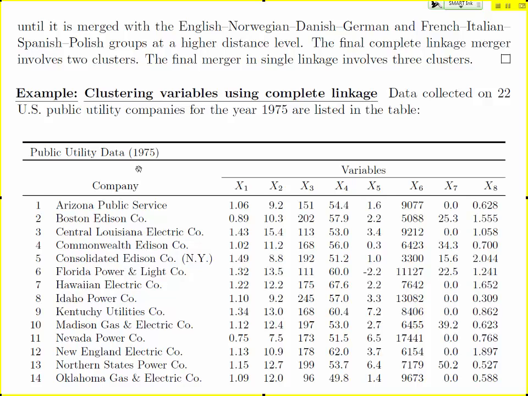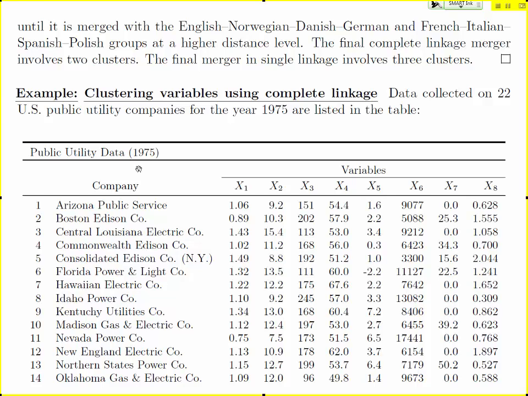It is data on 22 U.S. public utility companies on 8 variables. There's details on the variables, but for us it's just x1, x2, ... x8 for 22 companies. So let's, quote, do cluster analysis. Well, one initial question to answer is, what do we want to cluster?